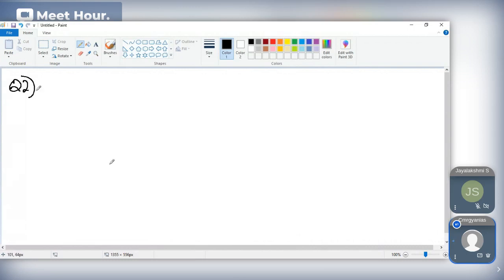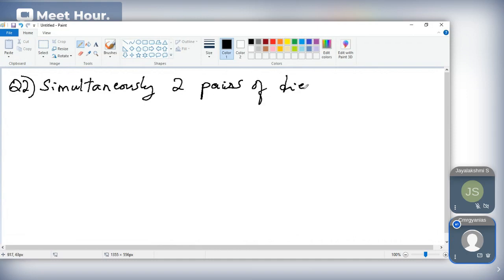Okay, question number 2. So you have to write down the question. Simultaneously, two pairs of dice. So two dice.